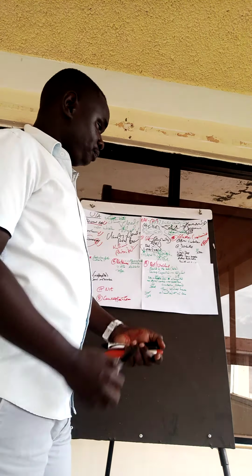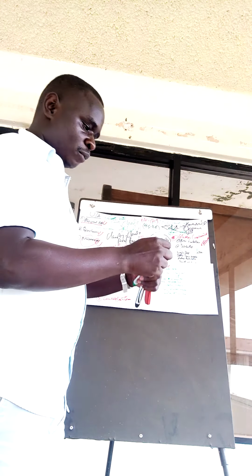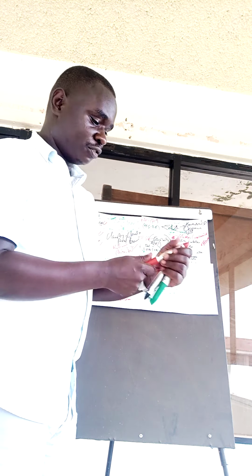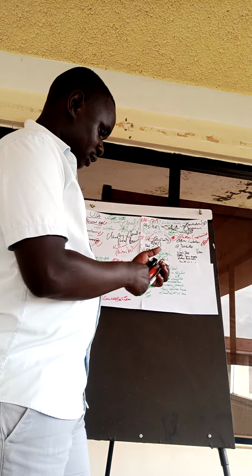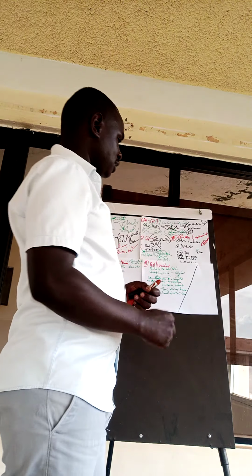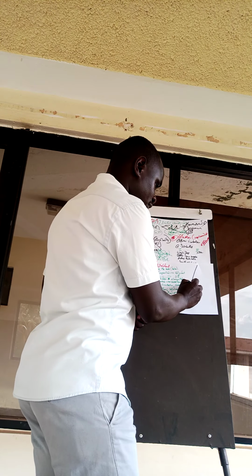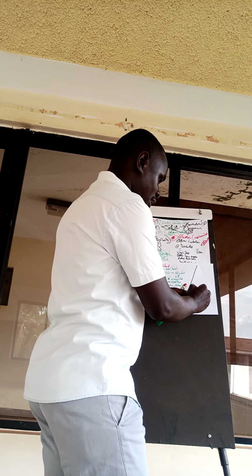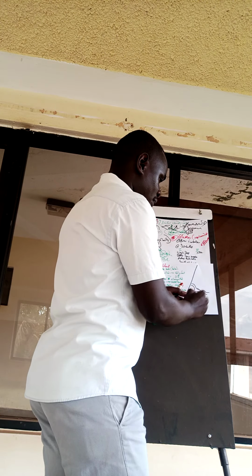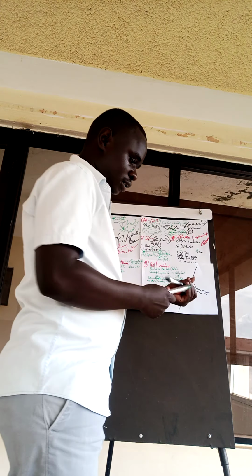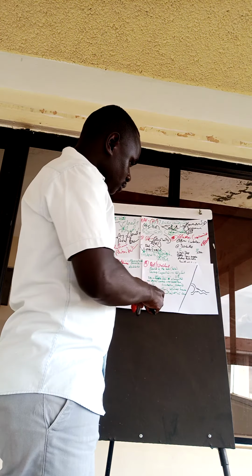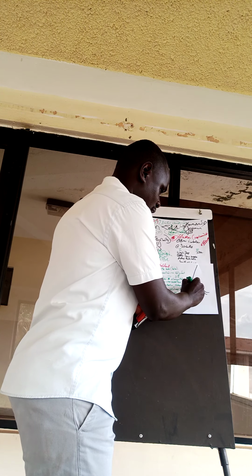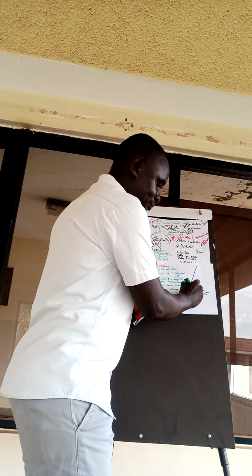Next is glucose. Glucose is always small enough to pass through the glomerular filtrate. For example, if this is our glomerulus, then we have the tubule down there, and this one is blood coming, then you have the filtrate here.